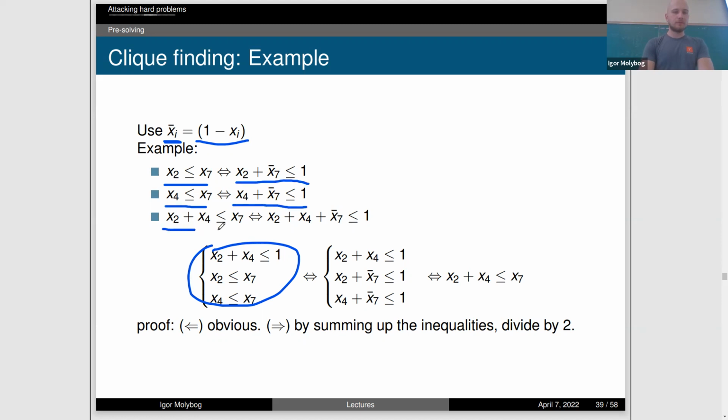And x2 plus x4 less than or equal to x7 is the same thing as saying x2 plus x4 plus x7 bar is less than or equal to 1. Then we can rewrite this inequality to this triple of inequalities.